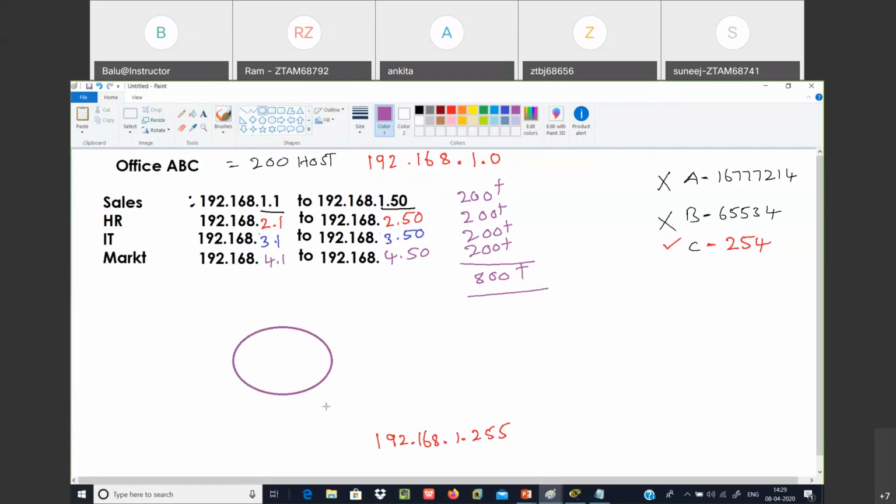So actually, this is the IPv4 size. In IPv4, we have 4.3 billion IP addresses. Out of these, class E is reserved for R&D. Class D IPs are reserved for what? Multicast.